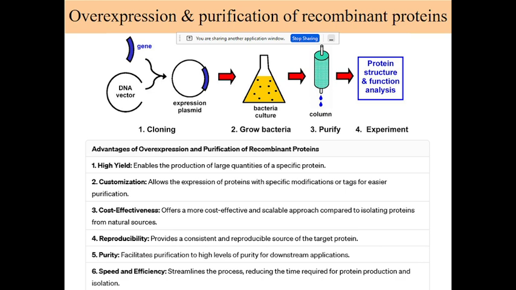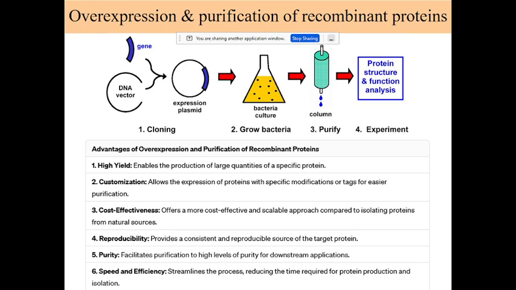Then we go for transformation. Transformation is basically making your plasmid enter into a competent bacterial cell. A competent cell is a cell that has the capacity to take up foreign DNA. And how do we make bacterial cells competent?